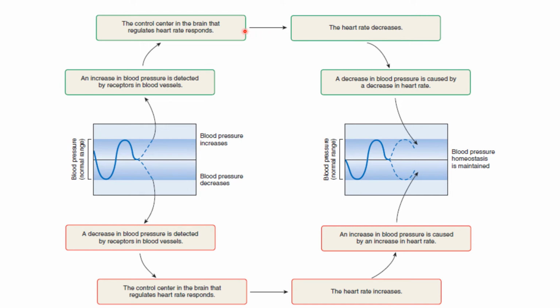The control center also controls smooth muscles of the blood vessel, to increase the diameter of the blood vessel by relaxation of those muscles, so the diameter of the blood vessel increases and the blood pressure decreases.